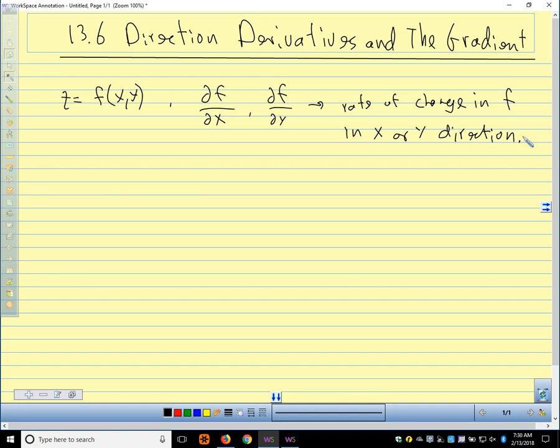So it tells us how rapidly the function's changing as we move parallel to the x-axis or as we move parallel to the y-axis. What we're interested in today is we want to find the rate of change of the function in the direction of any arbitrary unit vector.